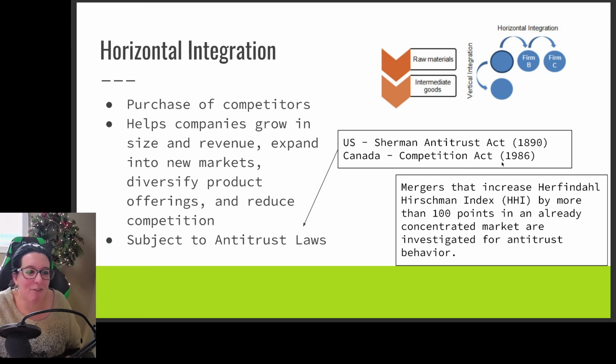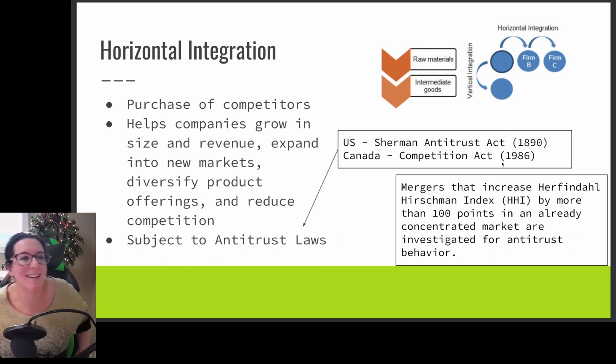And you can take advantage of more efficient processes and technology and know-how that the competitor has to diversify your product offerings. And so if we look at Rogers and Shaw, it would allow them to provide more product offerings, not just in terms of cable TV, but in terms of cell phone service and other telecommunications products.